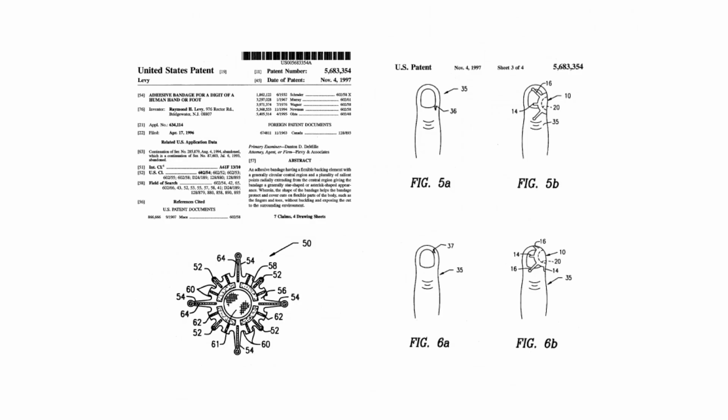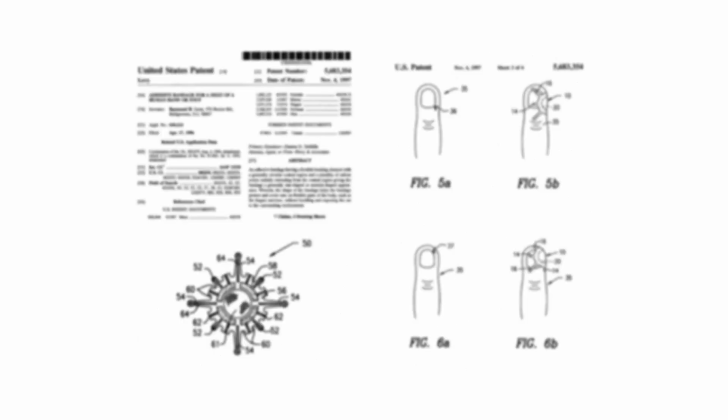For example, another patent has a title of adhesive bandages for a digit of a human hand or foot with IPC number A61F13/105. They can be used for fingers, hands and even smaller area for the nail protection, invented by Raymond Levy.